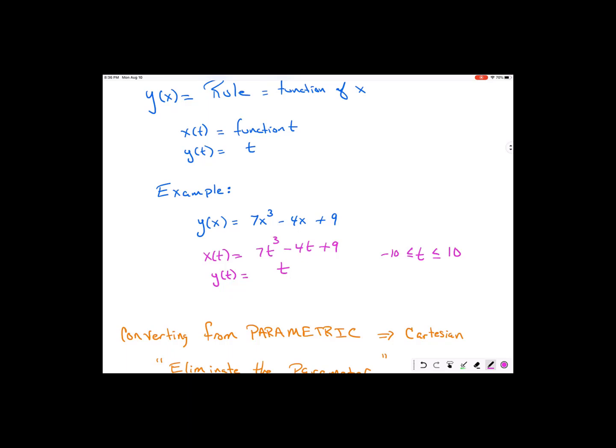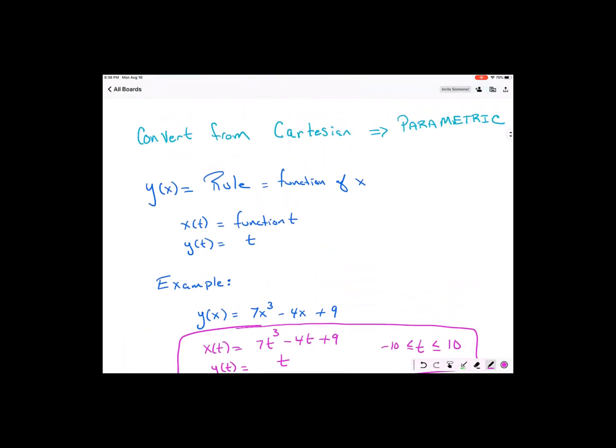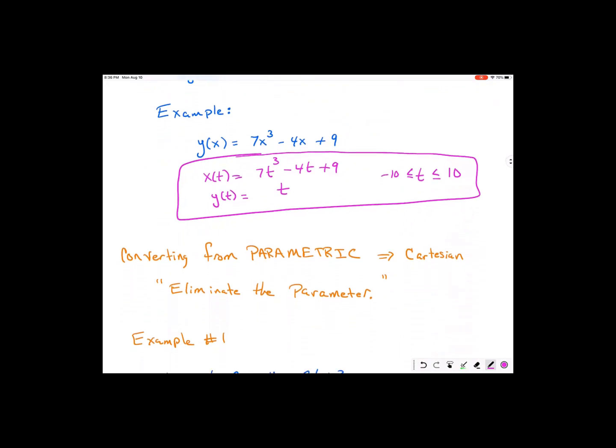So let's say negative 10 to 10. Choose some a and b. And I have now parameterized that Cartesian function into a parametric form or a parametric equation. So that is a simple way that we can always convert Cartesian into parametric.